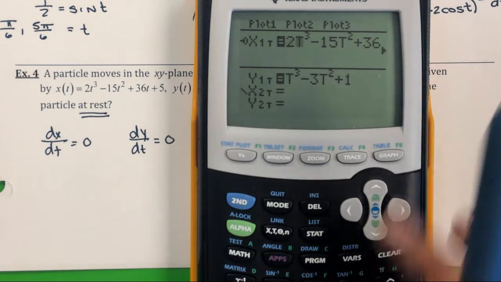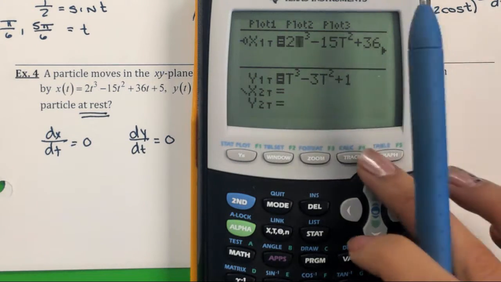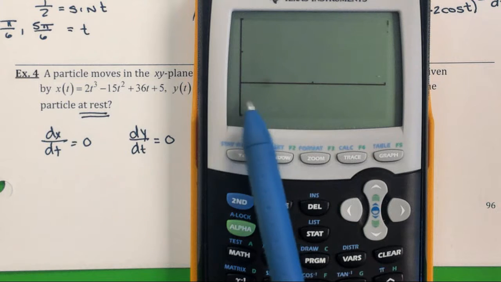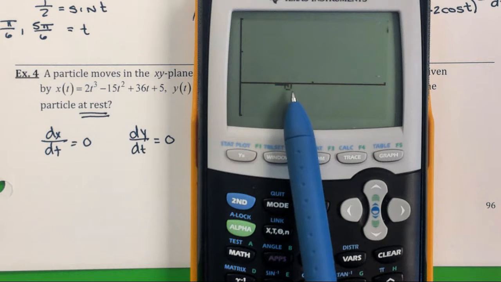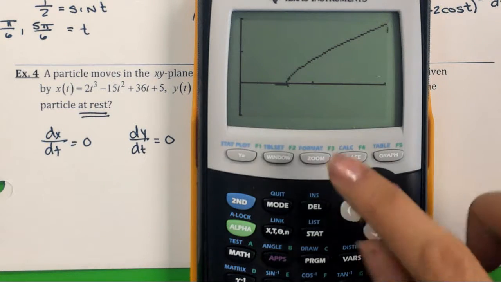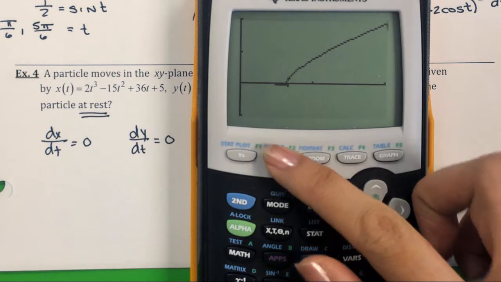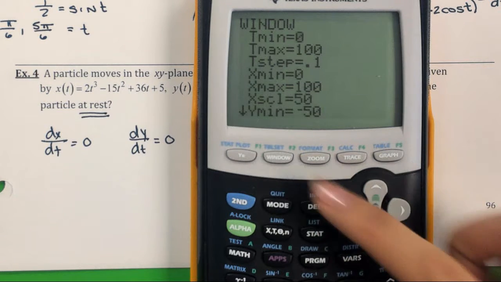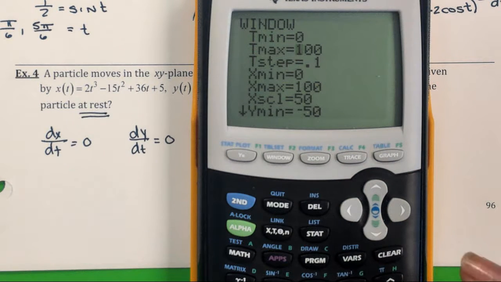Okay. So watch it again. That's at t equals 2, and then it stopped moving, and then it kept going on. Set the window at the stopping t equals 2. Well, I don't want to stop it at 2 because I want it to go on. I want you to see.